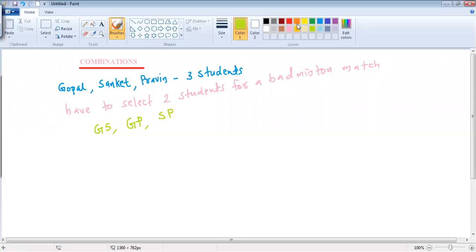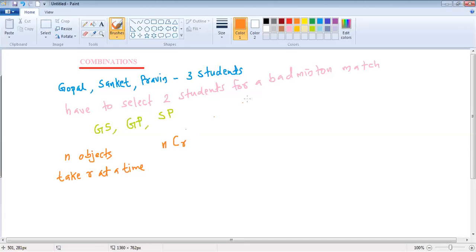So we can symbolically write it like this. You have n objects, n objects. Then you have to take r at a time. How many ways can you select? It is represented as nCr. nCr.